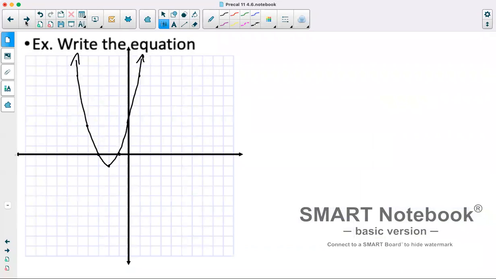In this example, we have x-intercepts at -1 and -3, which means when I write out my equation, I have y is equal to a times x plus 1 times x plus 3. We then find another point on our graph to plug in for x and y. I can clearly see where my vertex is. This vertex is at -2, -1.